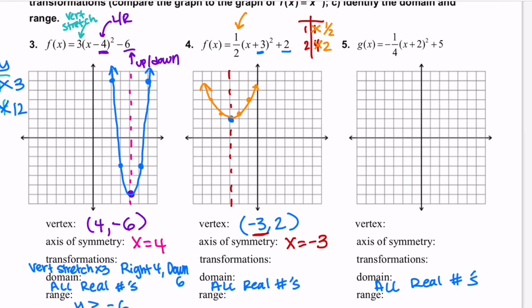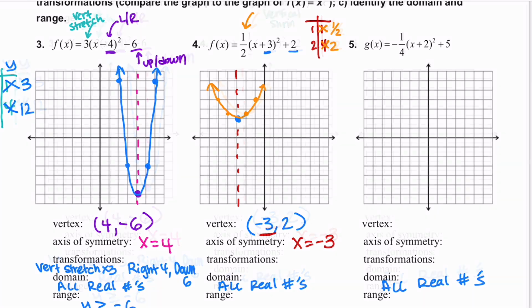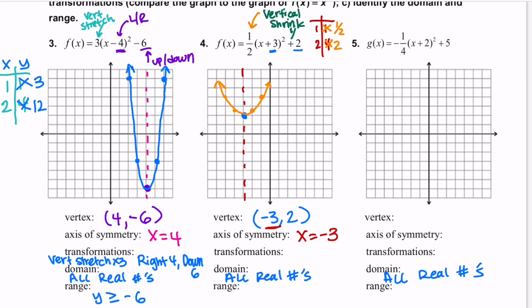Okay, transformations we want to take and go left to right. Now if something is 1/2 of the size, it got smaller. Okay, so if something's half of the size, we started big, it went small. So this is a vertical shrink, and it got 1/2 the size.